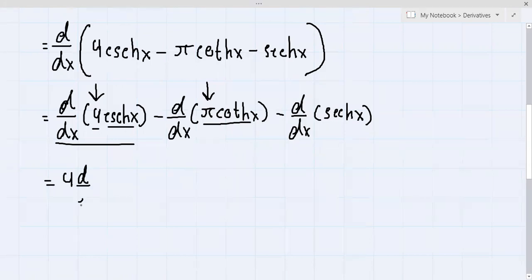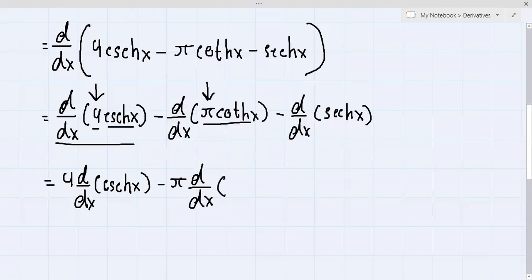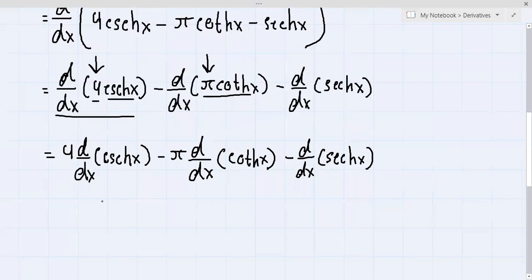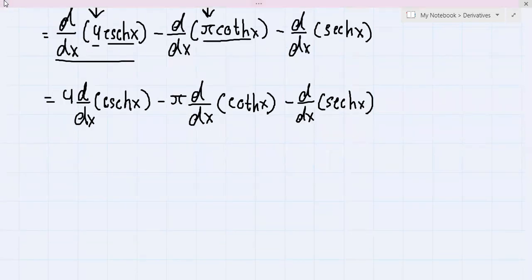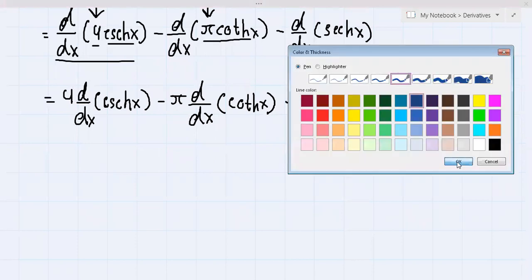Hence, we will have 4 times the derivative of cosecant hx, minus pi times the derivative of cotangent hx, then last but not least, the derivative of secant hx. Now we can evaluate.